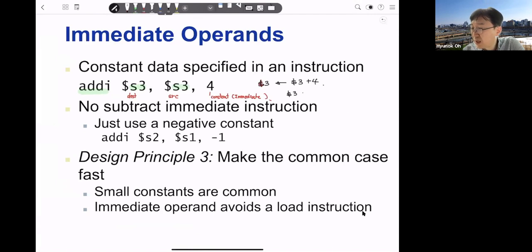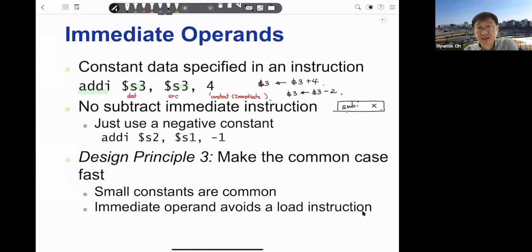Subtraction, $3 equals $3 minus 2. In this case, maybe you are thinking about a subtraction immediate, sub I. Maybe you can think about it, but actually there is no such instruction.